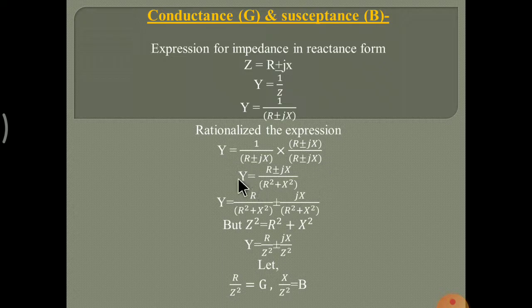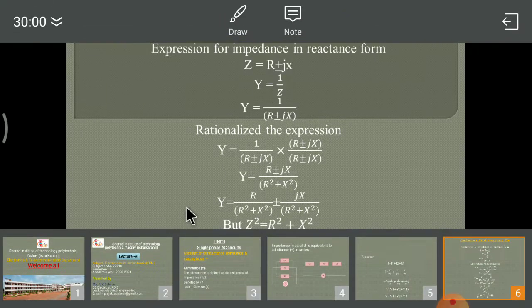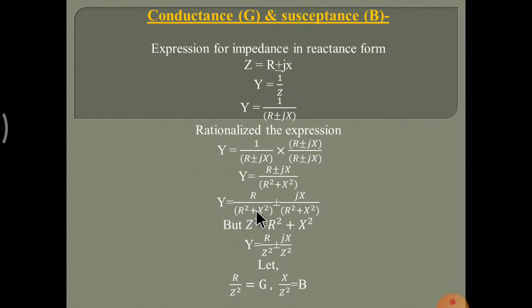Then after solving this expression, we get Y is equal to R plus minus jX as it is, and the multiplication of both brackets is R square plus X square. Then Y is equal to R upon R square plus X square.